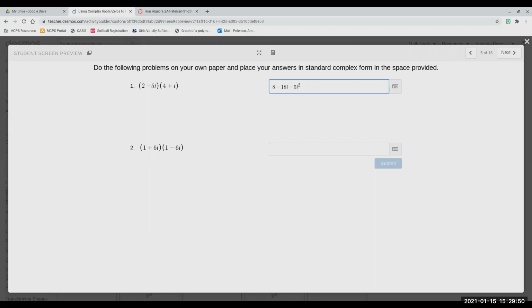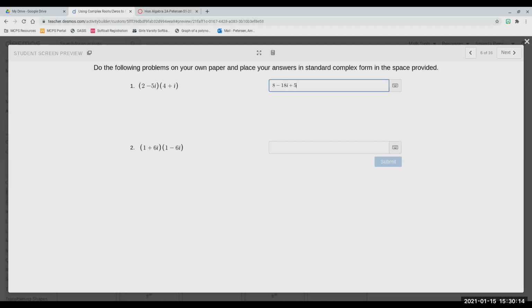Negative 5i squared, as we just did, negative 5 times negative 1 became a positive. So I went from a negative 5i squared to a positive 5. So that i squared, since it's a negative 1, is simply just changing the sign in front of my value.